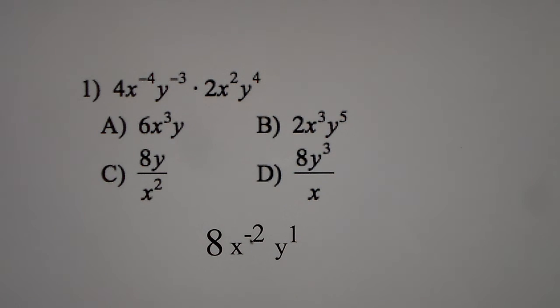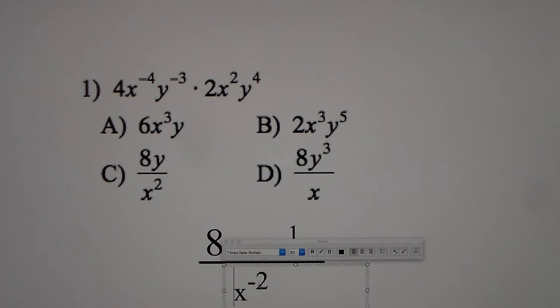Now, just like we talked about before, anytime you have a negative power, if it's in the numerator, you move it to the denominator. And when you move it to the denominator, that negative sign turns into a positive sign. So you have 8y to the first divided by x squared, which is going to be our answer for number 1.